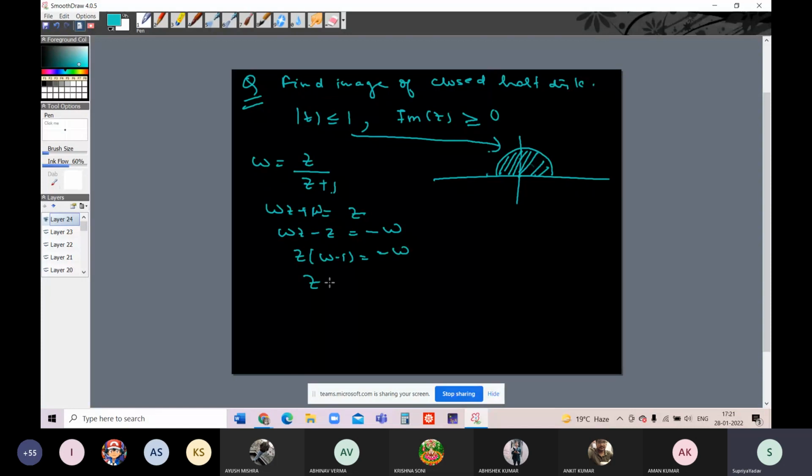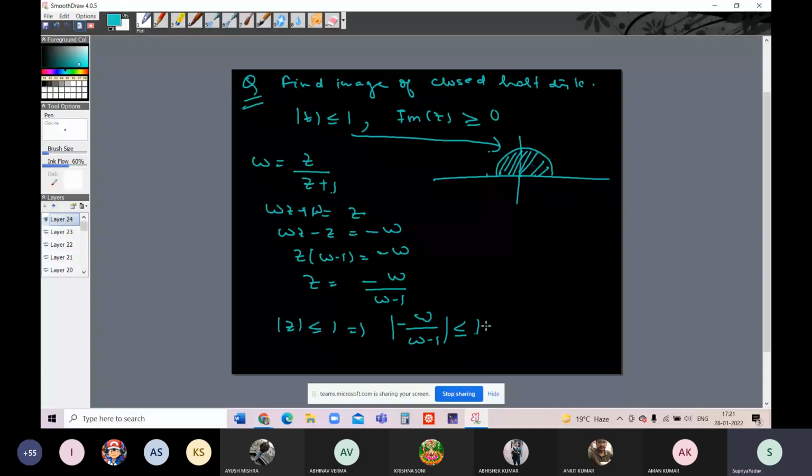So z will be −w upon w − 1. So the region |z| less than or equal to 1 gives |−w upon w − 1| less than or equal to 1.